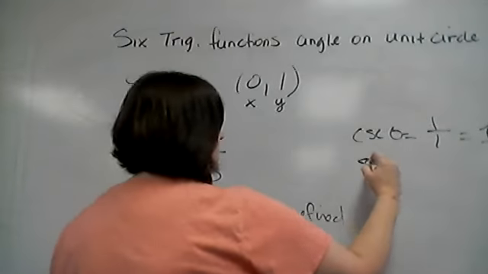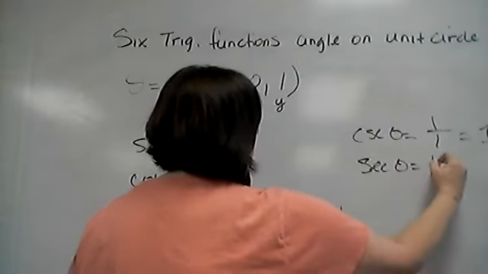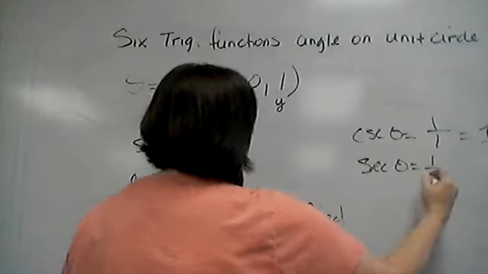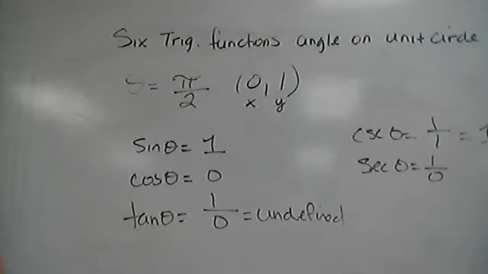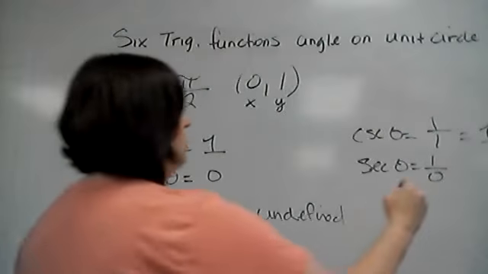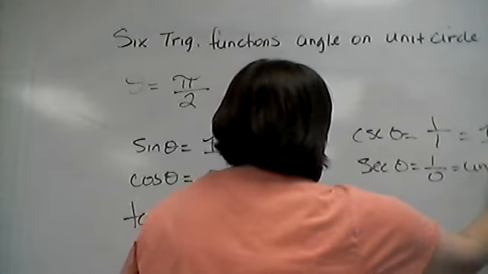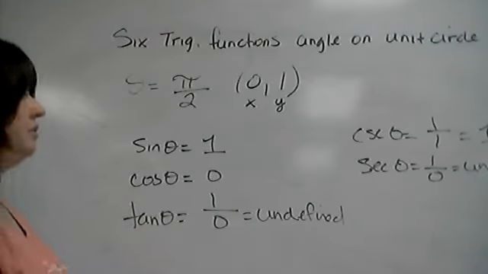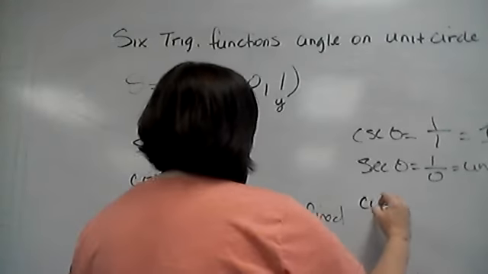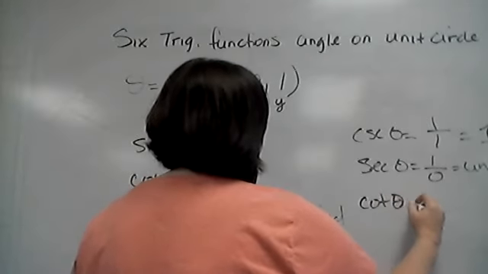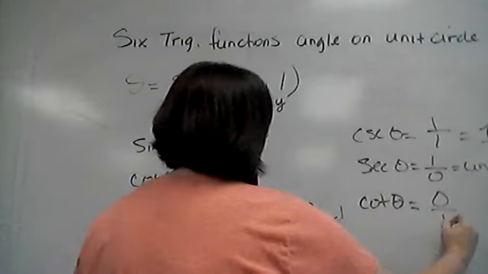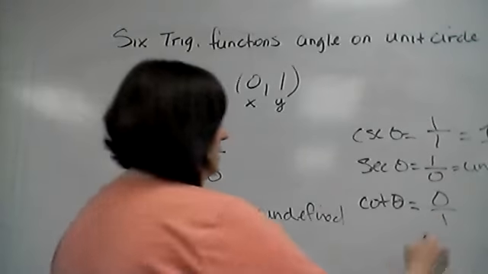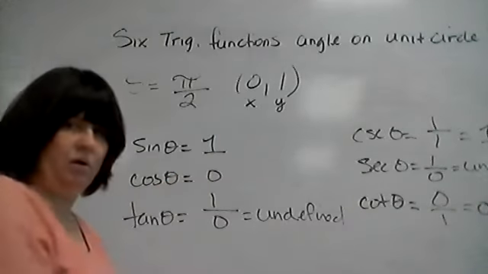The secant is going to be 1 over x. So again, I have 1 over 0, so that is undefined. Cannot divide by 0. And the last one is cotangent, which is x over y. So 0 divided by any number is 0.